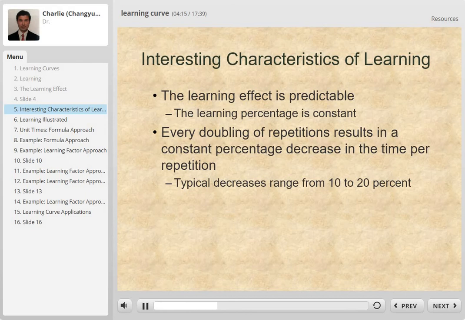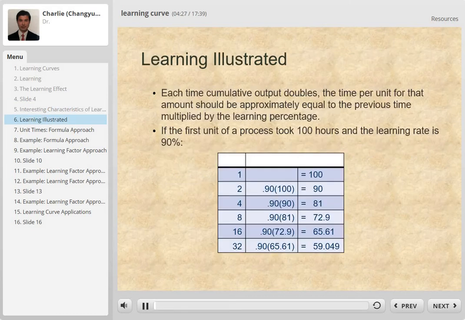Other than just understanding the idea of the learning curve, the learning effect in terms of percentage is predictable. So here is a way we can calculate, we can predict the hours we need to finish a task in the future. For example, we have a task.